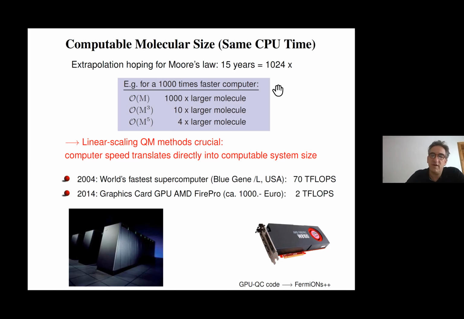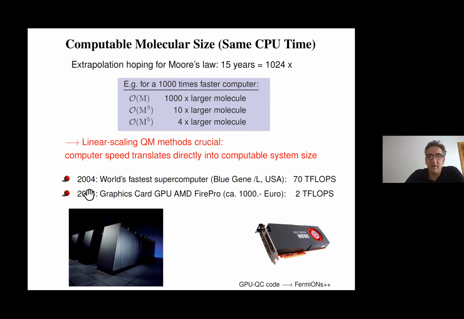If we have a 1,000 times faster computer and a linear scaling method, of course, we can calculate a 1,000 times larger molecule. If it's cubic, the speed up of the computer is eaten up by the scaling, and it's just a 10 times larger system. And of course, the steeper the scaling, the less large molecules we can calculate. So in a way, linear scaling quantum mechanical methods are really crucial to translate directly the computer speed into the computable size.